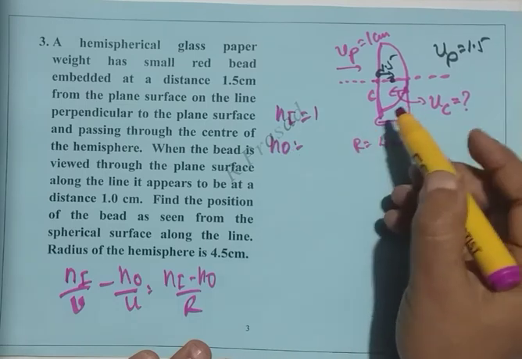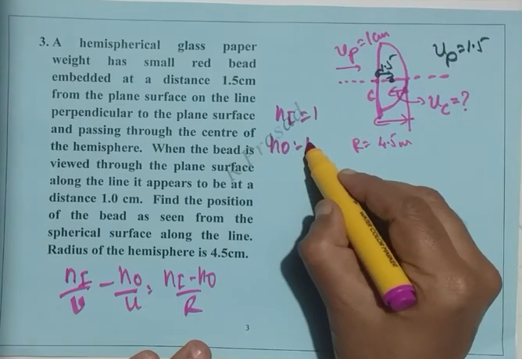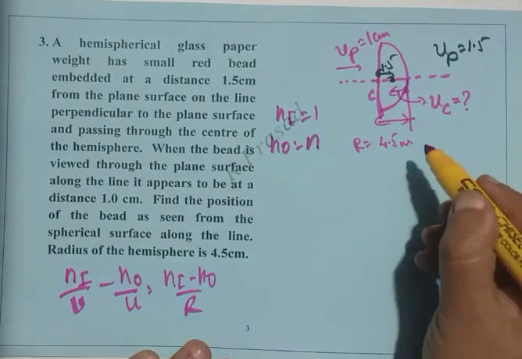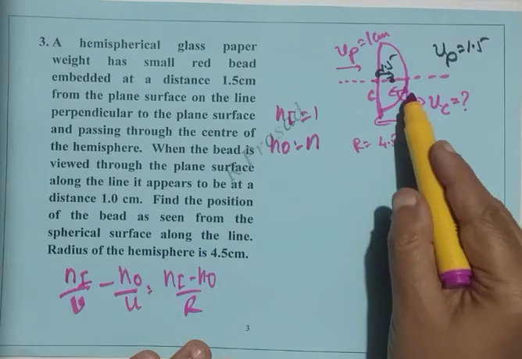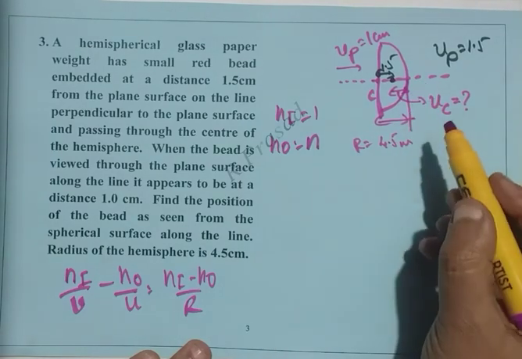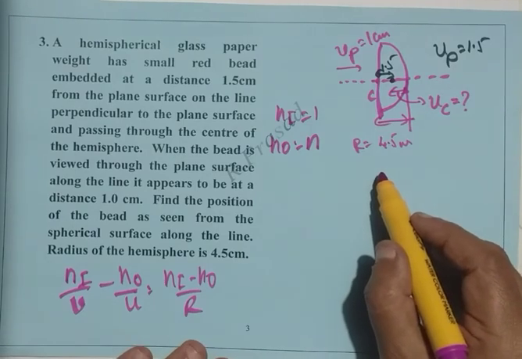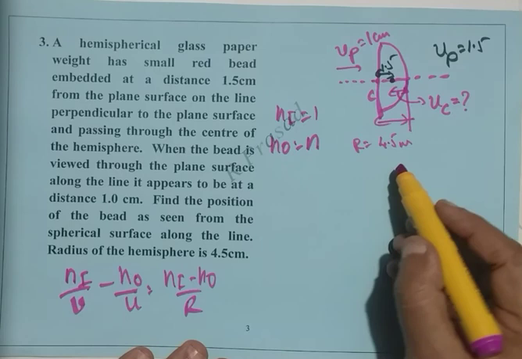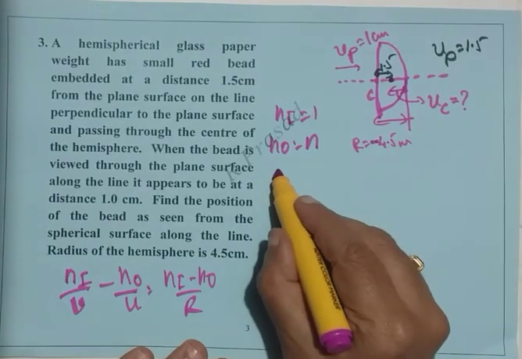No, the object where the dot is there, that is, I call it as N. And R is given. We start substituting the things there. R is minus 4.5. We substitute everything. Ni is 1.